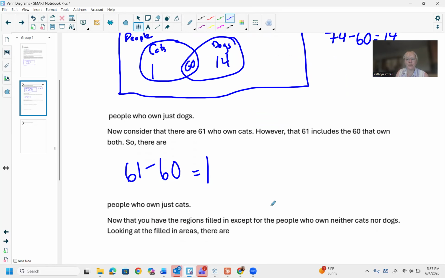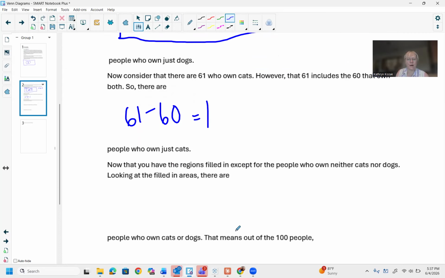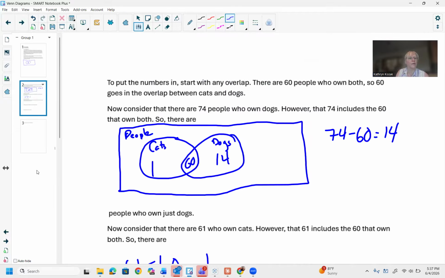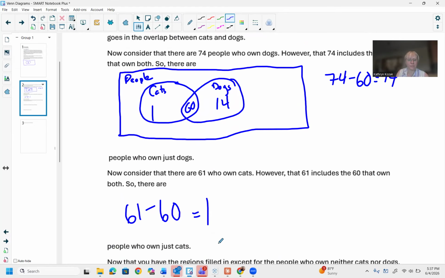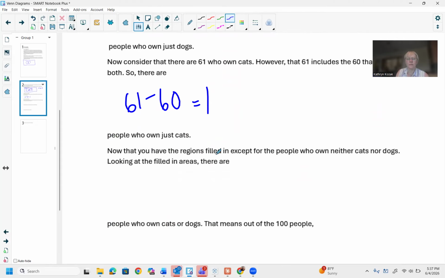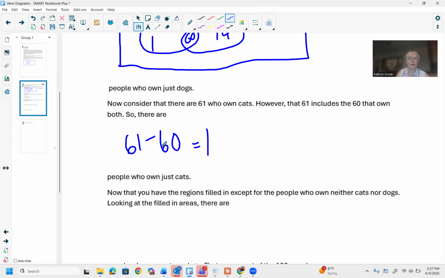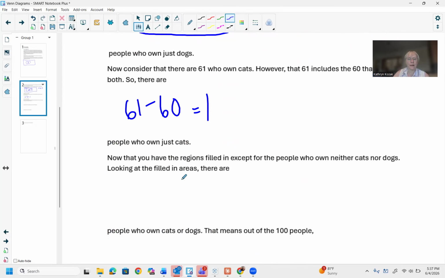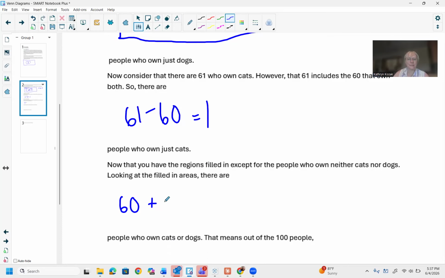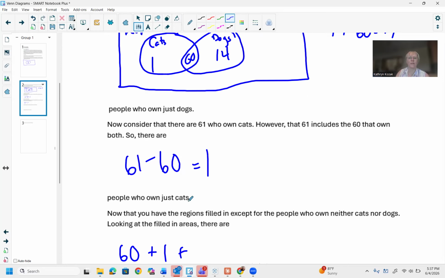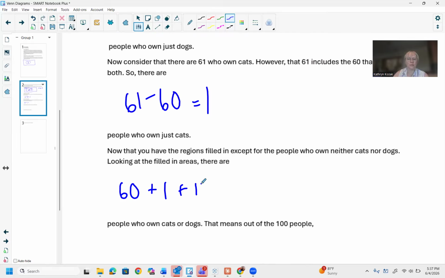Now that we have the regions filled in except for the people who own neither cats nor dogs, looking at the filled in area, if we go back to this, there are 100 people. There are 60 people who own cats and dogs, plus one person who owns just cats, and 14 people who own just dogs.